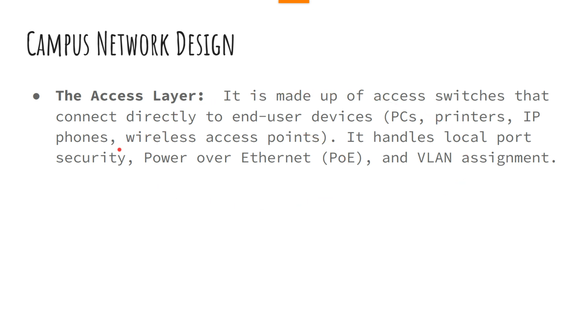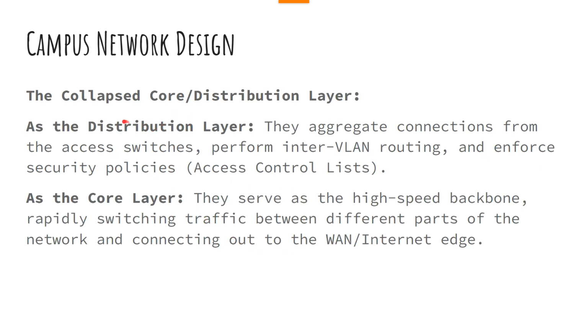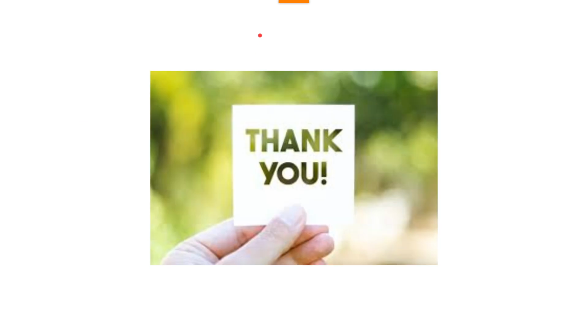So the functionality of the access layer remains the same even in the collapsed core architecture, and the distribution layer and core layer functionality which was there in the 3-tier will now have to be managed by the core layer itself. So that's it. Thank you very much.